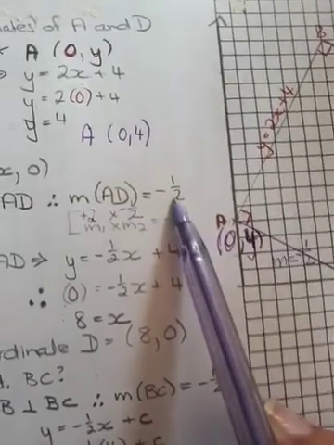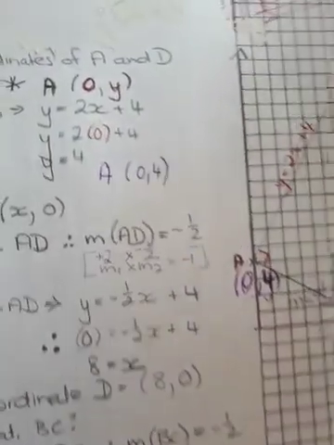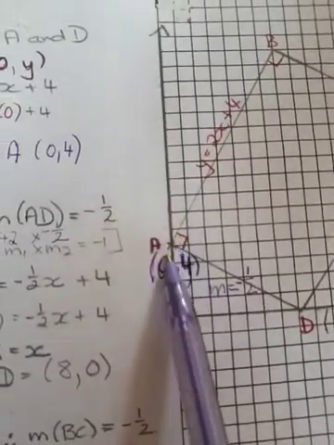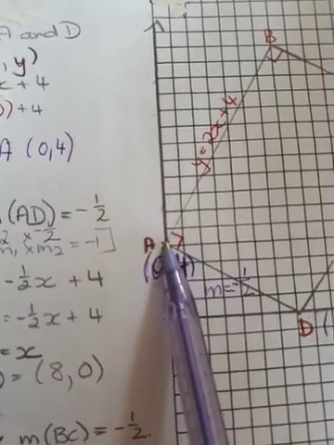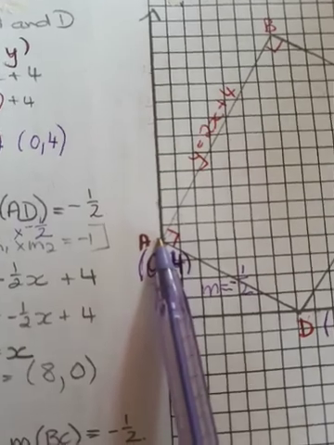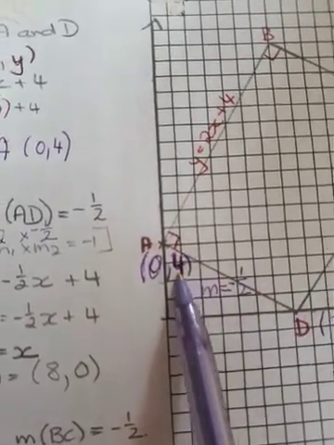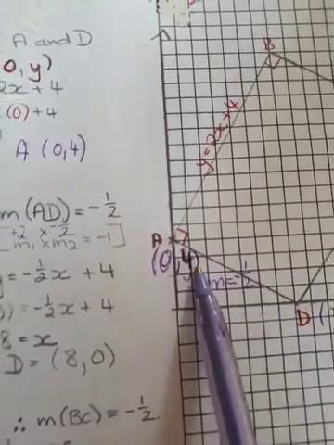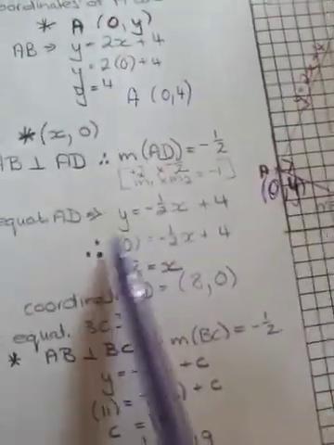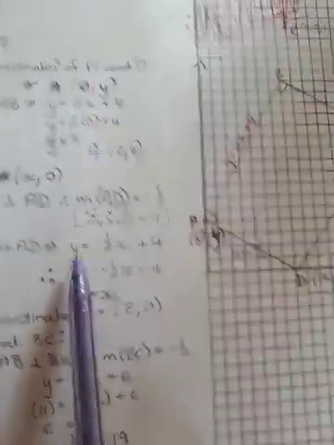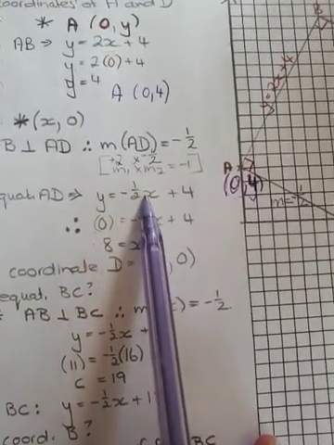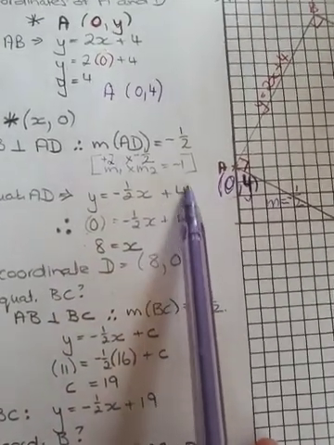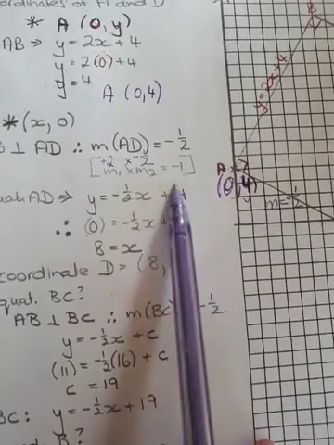That's how we got the negative 1/2. Then you also realize that the y-intercept, the value of c for line AD, is 4. So you now have the equation for line AD, which is y equals negative 1/2 x plus 4. This is the y-intercept.